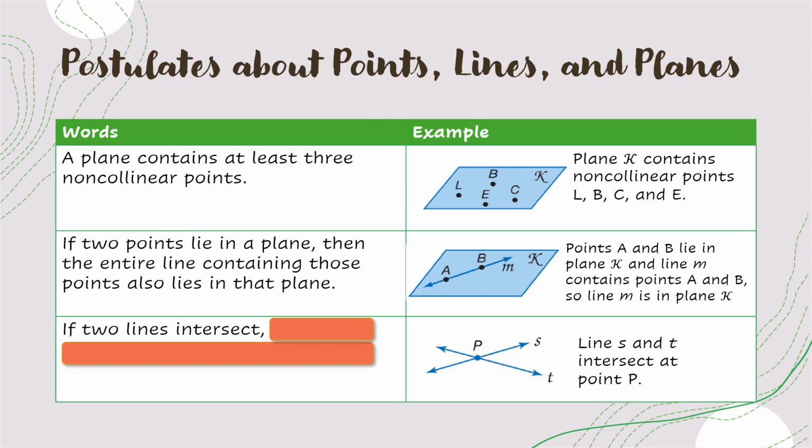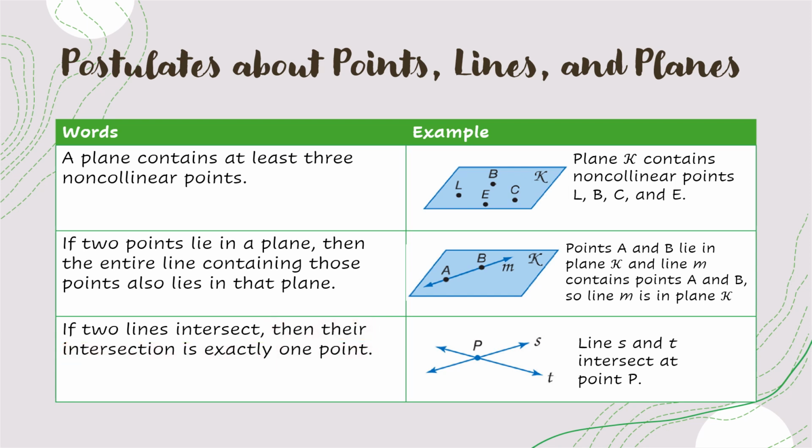Okay. Next, if 2 lines intersect, then they do so in exactly 1 point. Now I want to point out that these last couple postulates we've mentioned are phrased as conjectures.